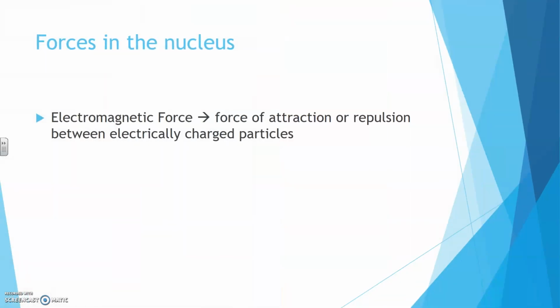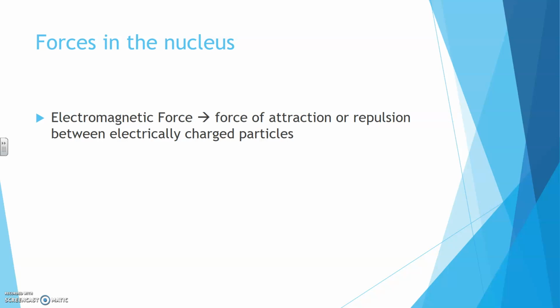Alright, so now we're going to talk briefly about some of the forces in the nucleus. So you have what's known as the electromagnetic force. That is the force of attraction or repulsion between electrically charged particles. If you have two similarly charged particles, they will repel each other. They will try to force each other away.